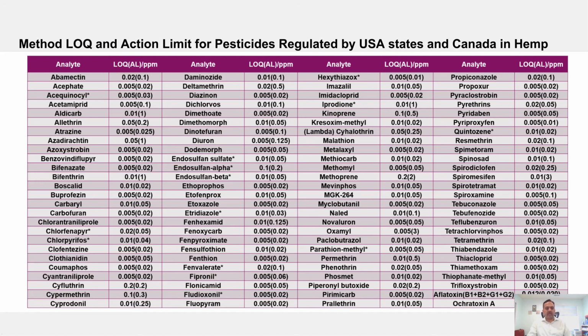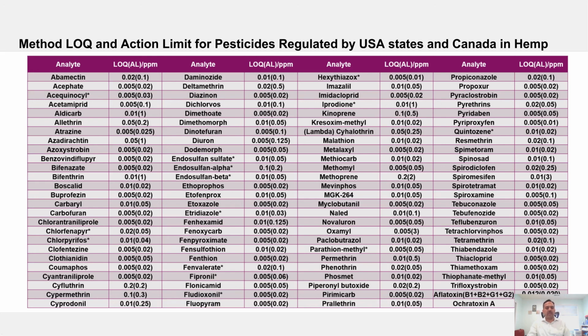If you look at the list, you will notice that a number of non-polar pesticides such as methoprene, kinoprene, quintozene, etridiazole, and maybe 20 to 25 more analytes were analyzed using GCMSMS in the past. By using our novel LCMSMS method, we can analyze these non-polar pesticides and polar pesticides and mycotoxins using our novel LCMSMS with ESI and APCI ion source.